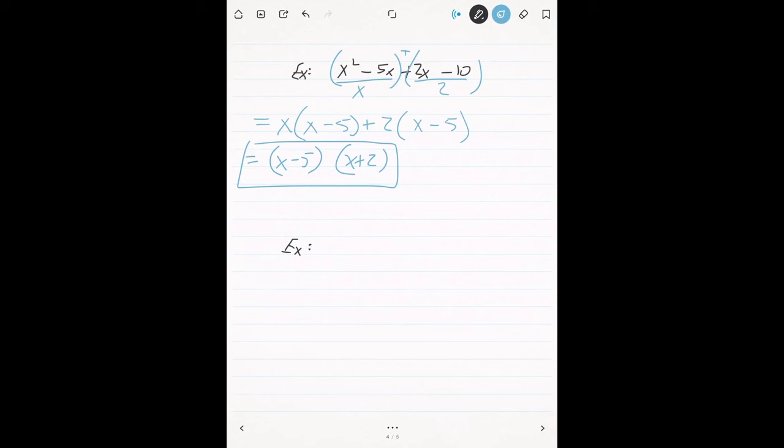Now I wanted to point out, because students have asked me in the past, you set this problem up as x squared minus 5x plus 2x minus 10. And then they would say, you've also told us that addition is associative, meaning you can add in whatever order you want.